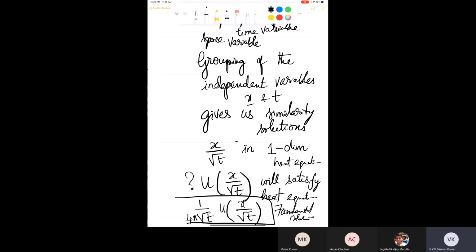So the derivation is given, and also we have done the maximum principles.